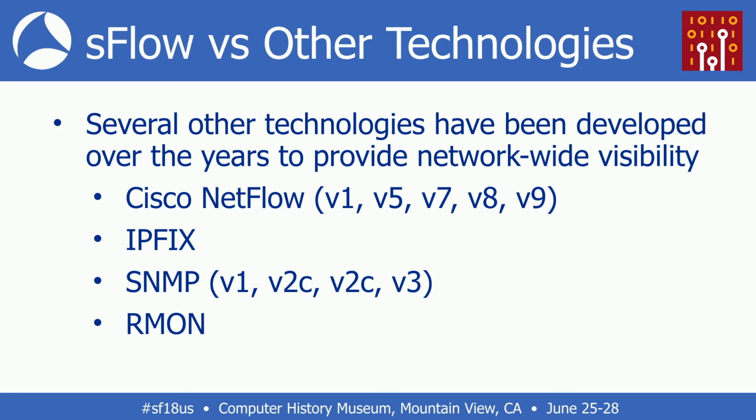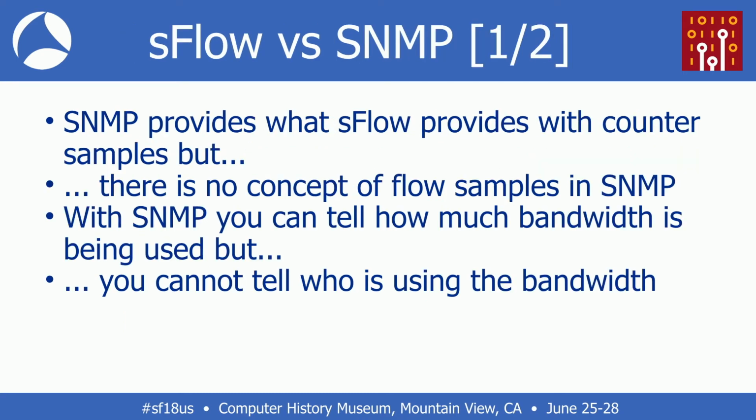Now, looking at all those technologies falls outside the scope of this presentation, but I would like to discuss for a couple of minutes and compare sFlow with SNMP. Because I would say that sFlow is a superset of SNMP.